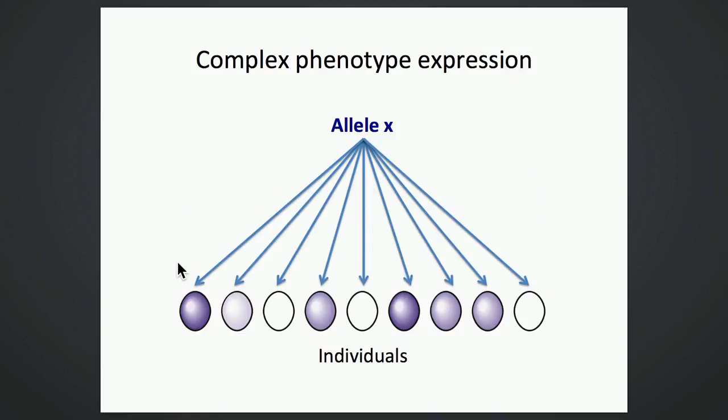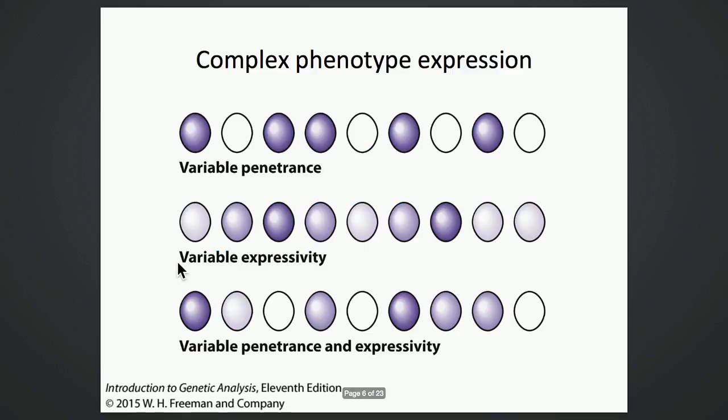The phenotype expression is very complex. Not only could different types of mutations lead to different diseases, but the same exact allele could lead to very different phenotypes in different individuals. These have been classified, for example, as incomplete penetrance or variable expressivity.